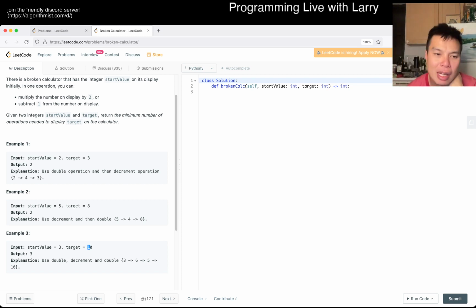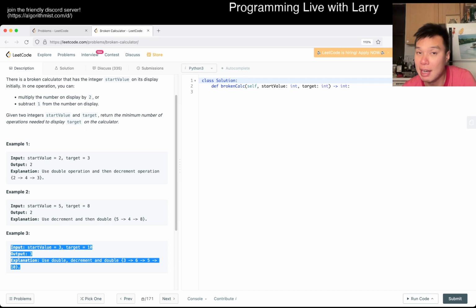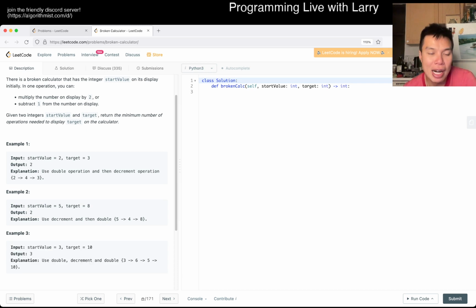And one thing that I am also trying to prove to myself, and in general, is that sometimes these examples are definitely meant to mislead you. What I mean by that is that you can double, decrement, and double, but you could also decrement, double, double, or something like that, right?